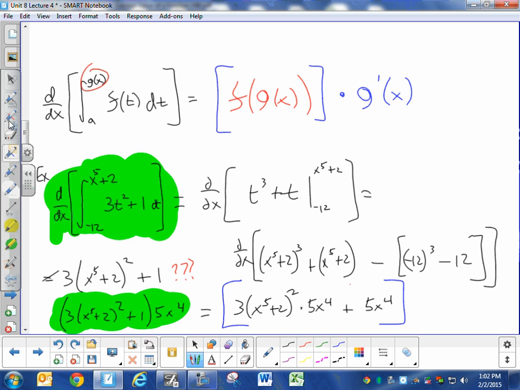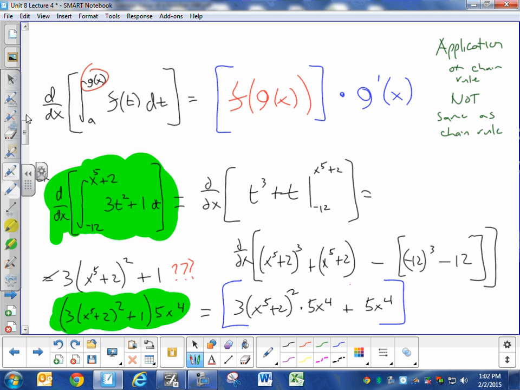Okay? Application of the chain rule, not the chain rule. Not the same as the chain rule.